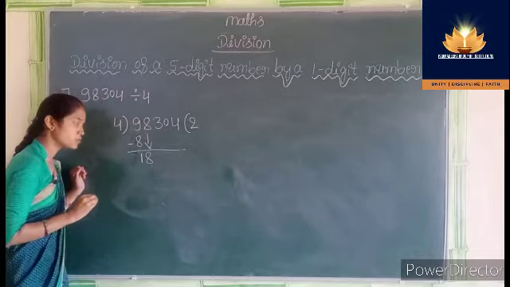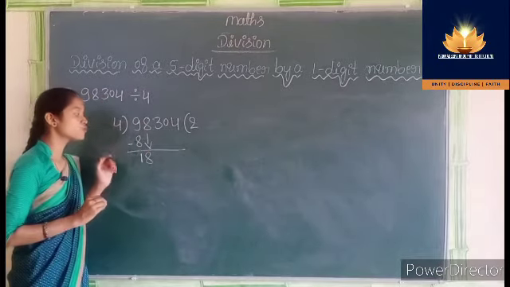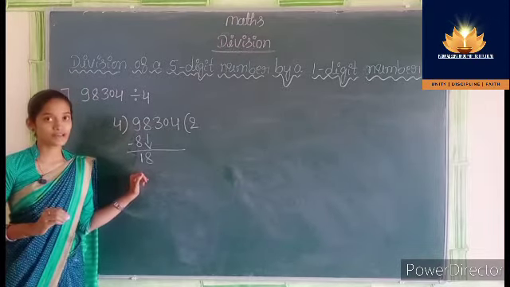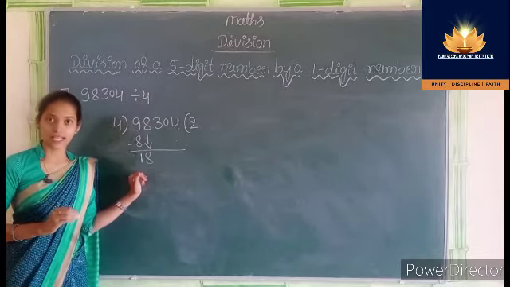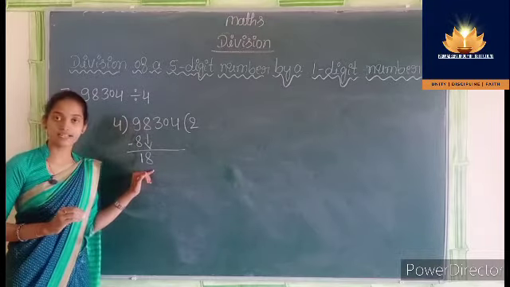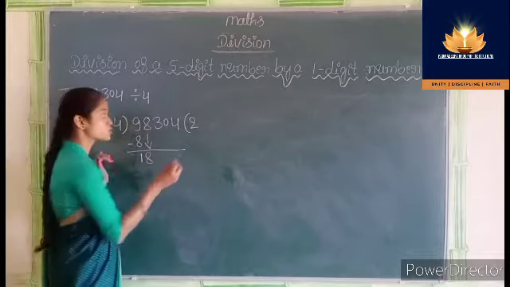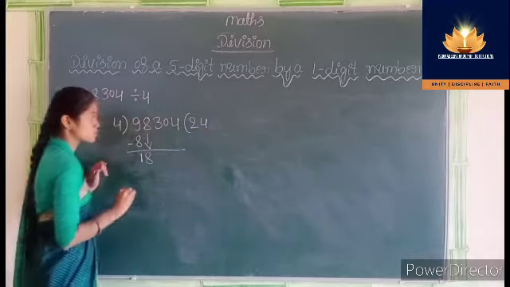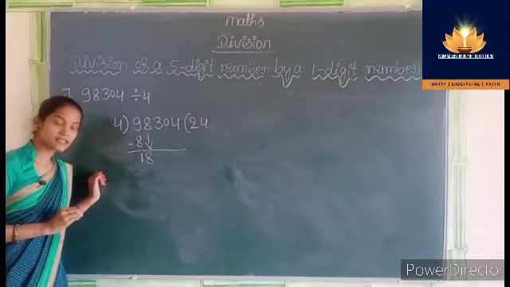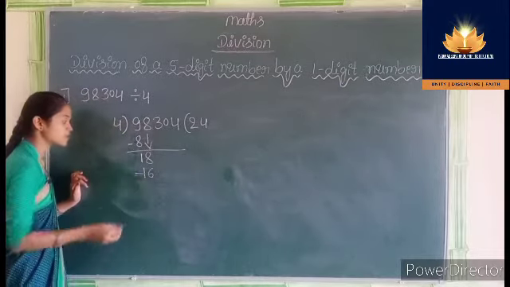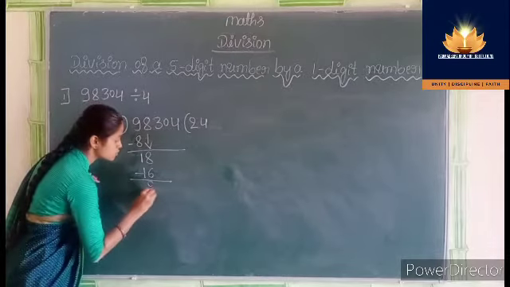4 ones are 4, 4 twos are 8, 4 threes are 12, 4 fours are 16, 4 fives are 20. 20 is greater than this 18. That's why we have to consider 4 fours are 16. 4 should be written in the quotient place. Then write 16 below this 18. Subtract 16 from 18. Then we get 2.